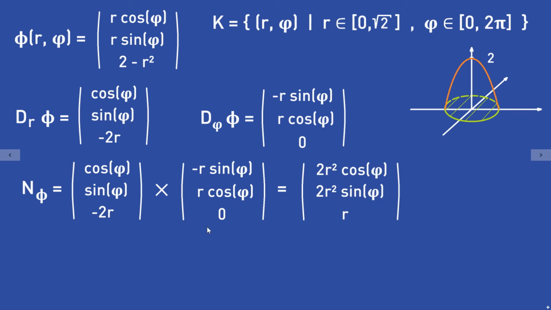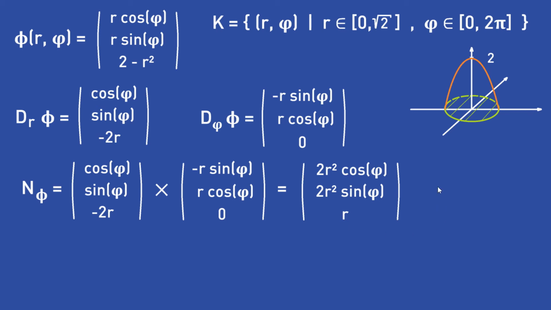And for the last entry, you have to ignore this line here, and then you have to calculate the cosine times r times the cosine minus r times sine, which is r in the end, because the cosine squared plus the sine squared is equal to 1.